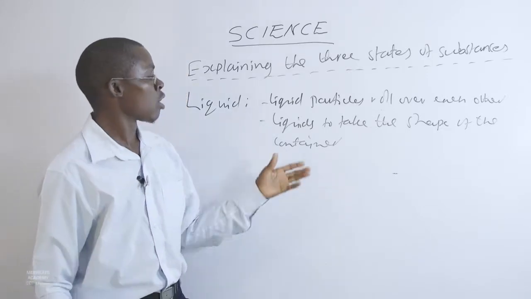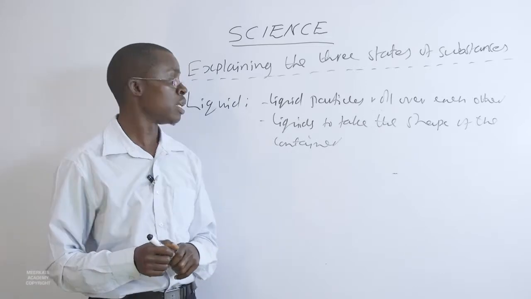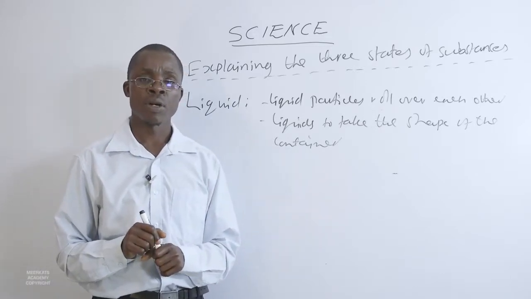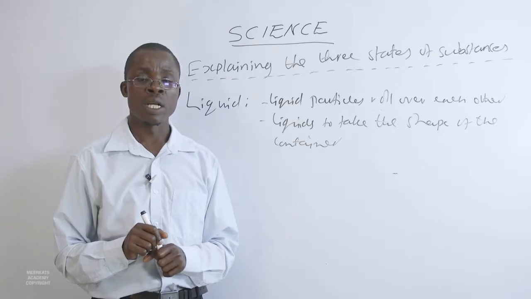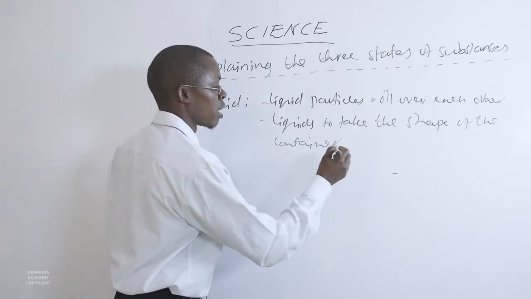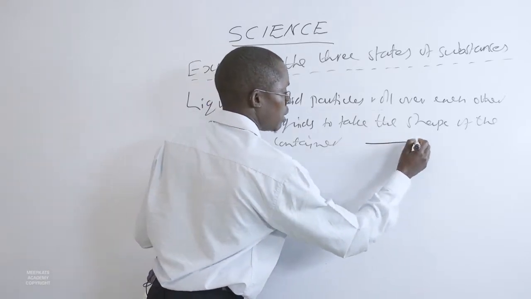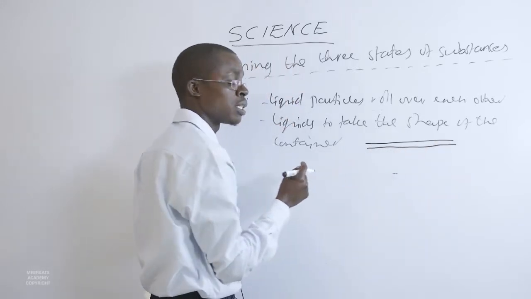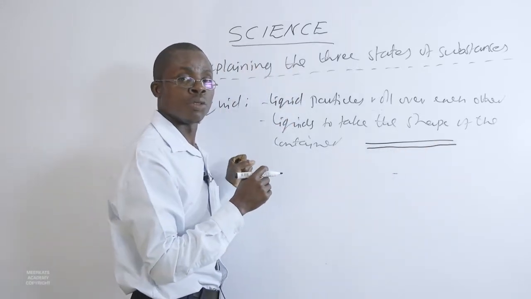And the point where you will commonly see this being applied is, for example, in a vehicle, the brakes. There is what we call the brake fluid. A brake fluid is a liquid that is transmitted through a tube.